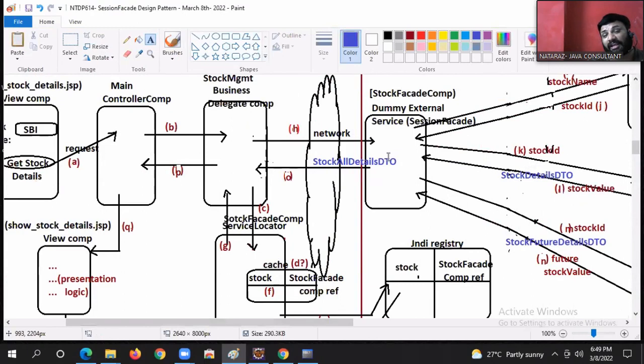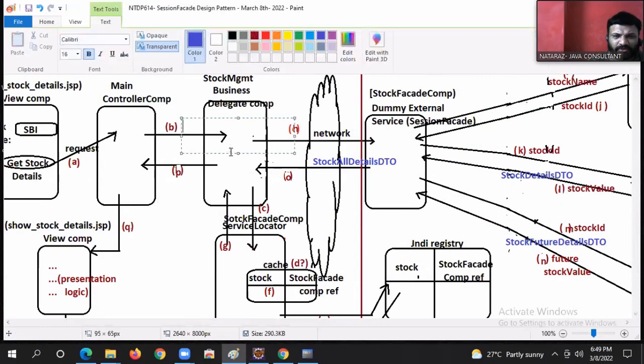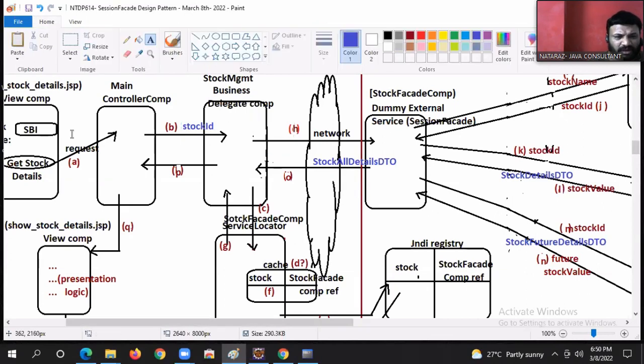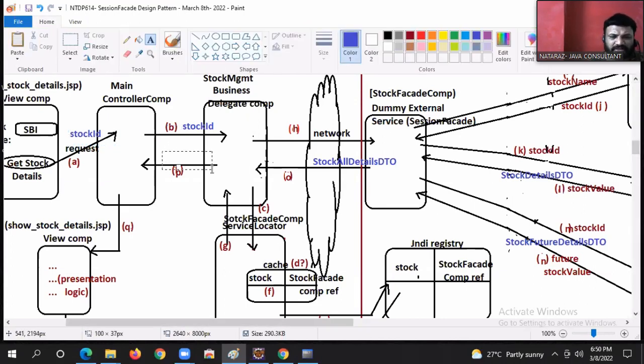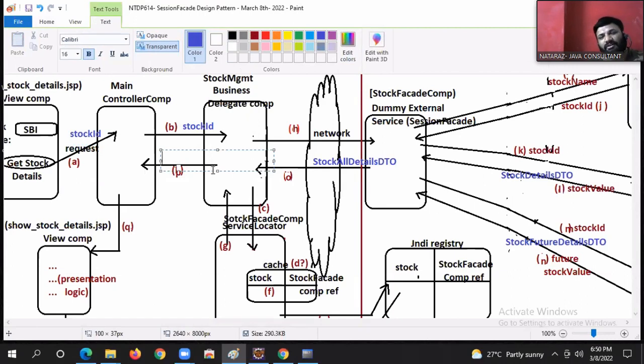It will convert these details to whom? In all these places, stock ID is the input value. You know that. Along with the request also what will come? Stock ID only will come, boss.